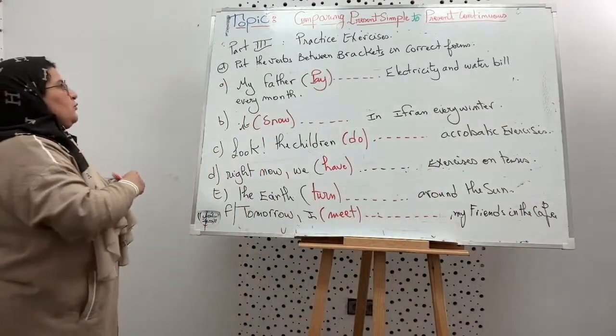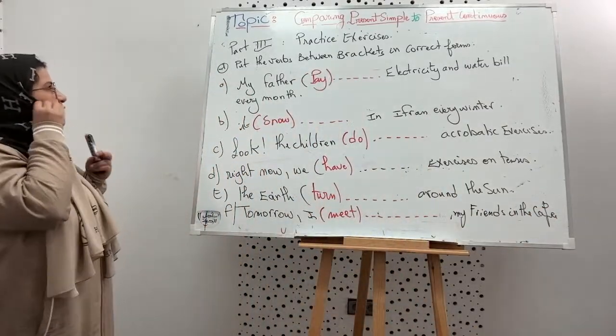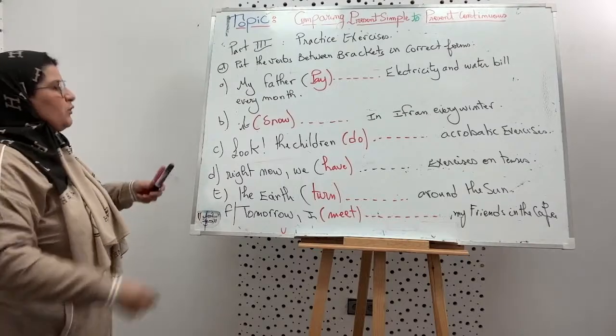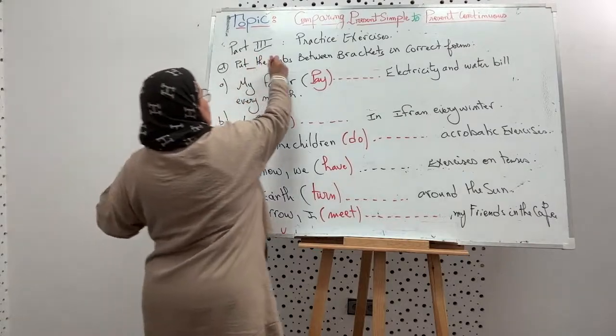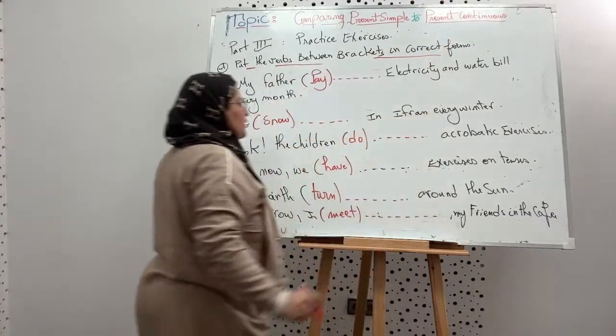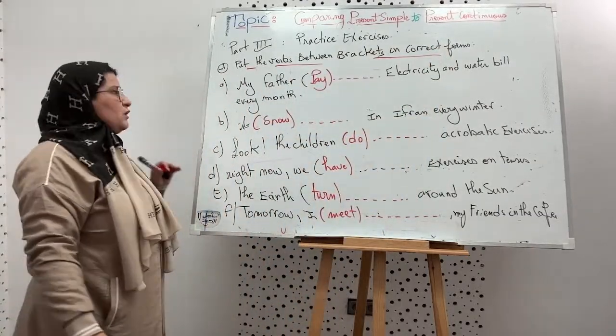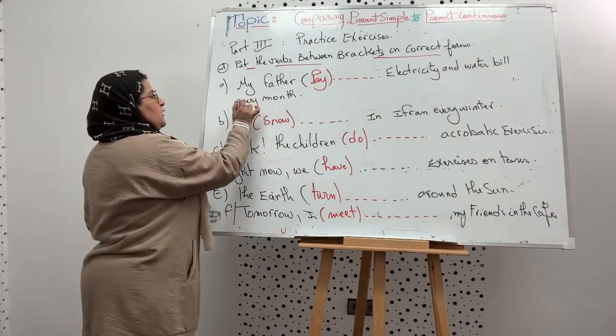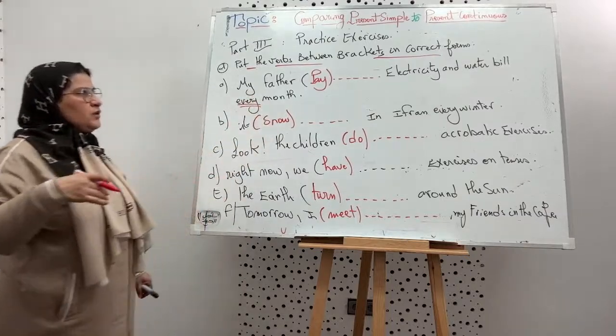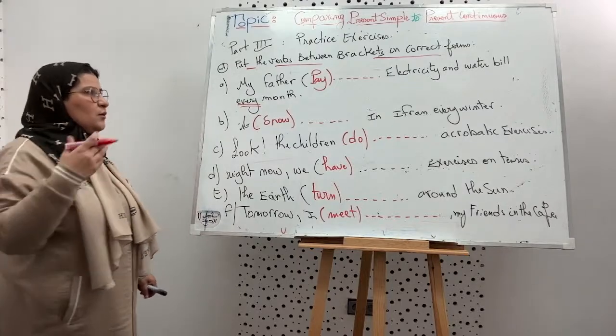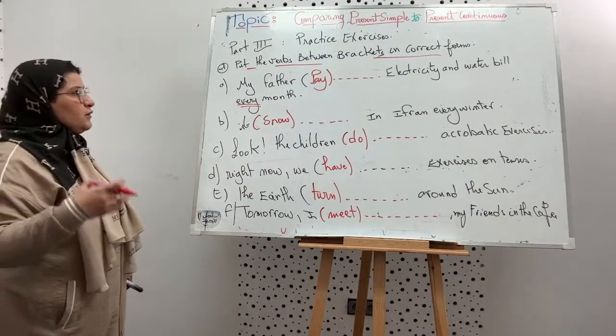Okay, now look at the examples. Put the verbs between brackets in correct forms. What you have to pay more attention to are the indicators. When we say every month, this shows that the activity is repeated, habitual, regular.